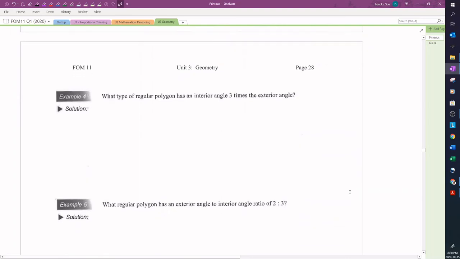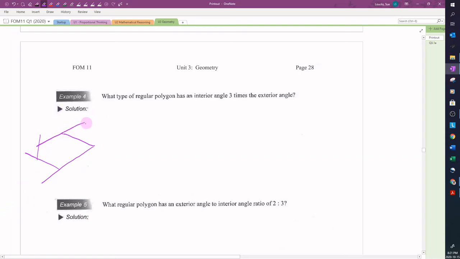Okay, example 4. What type of regular polygon has an interior angle 3 times the exterior angle? So I'm going to draw a picture for this because I don't know. I'm just going to draw some random polygon with some exterior angles.